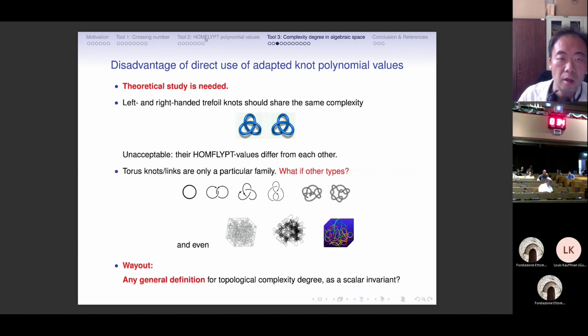Can we use the knot polynomial values to do this job? I think the knot polynomial values have some disadvantages.